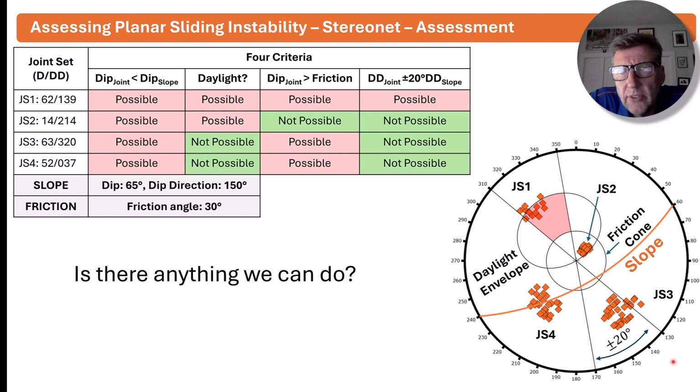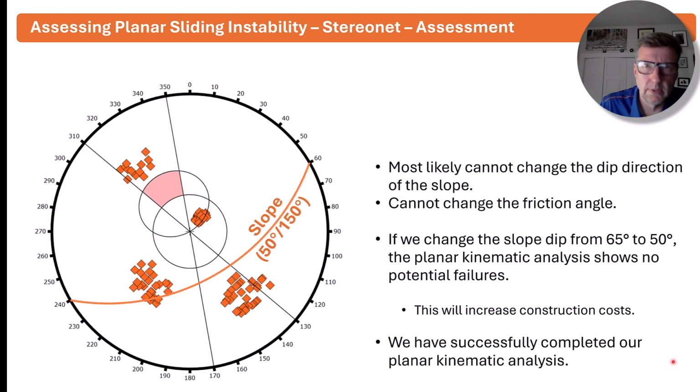And so the big question is, is there anything that we can do? From a kinematic assessment perspective, there are some variables that we can change and others that we really cannot change. For instance, we really can't change the friction angle.